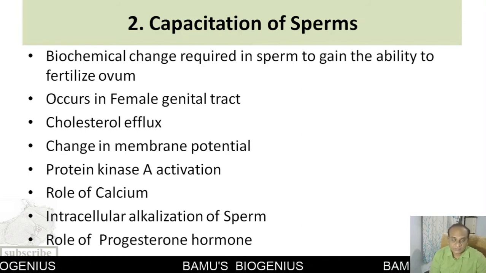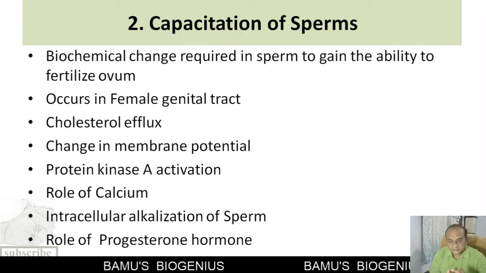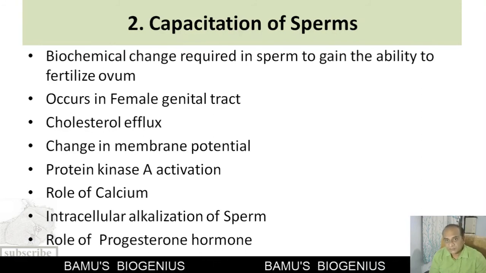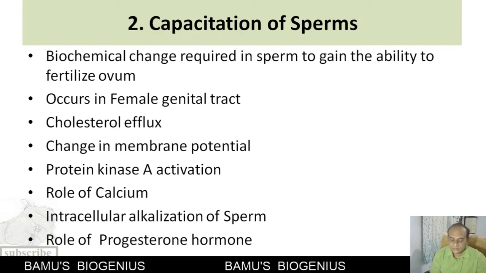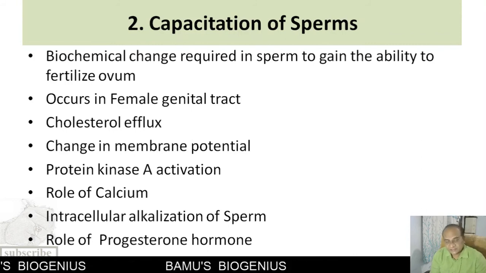Now, along with that, there is a role of calcium also. When calcium enters inside the sperm, it has been found that this calcium is helpful in bringing about the acrosome reaction, because we know that a membrane fusion is there, and that membrane fusion is always mediated by calcium.